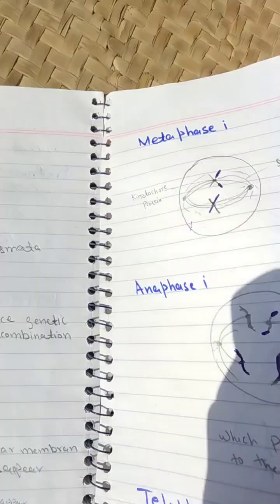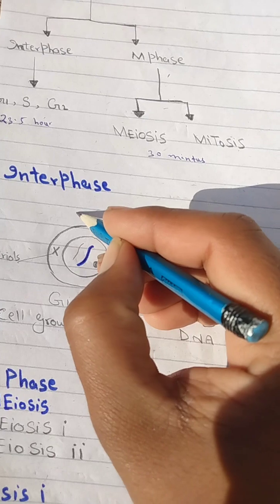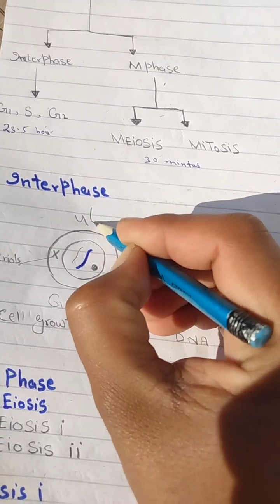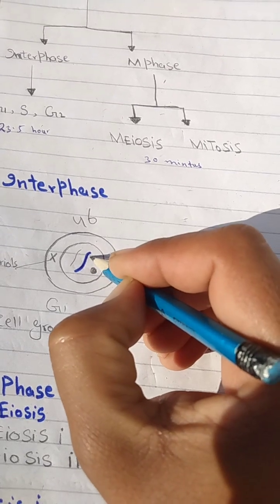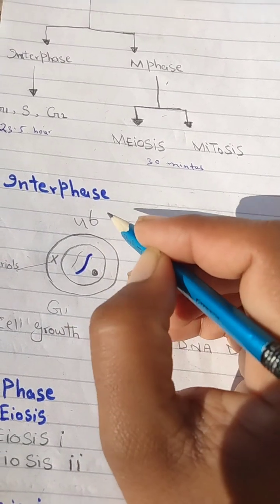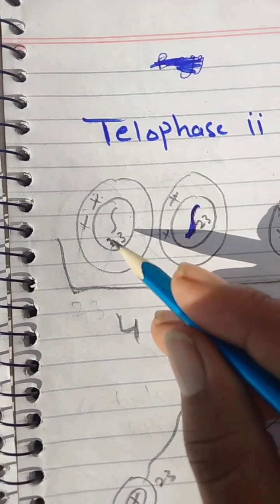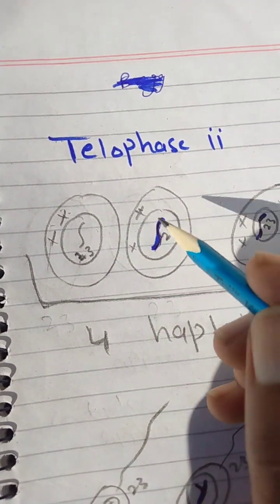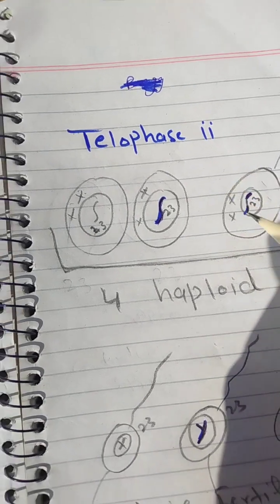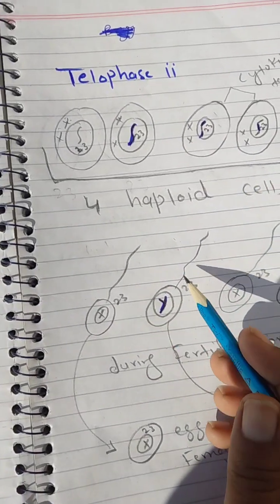In the parent there are 46 chromosomes, 23 from mother and 23 from father. But at the end of meiosis, I have reached 23 chromosomes. So these are haploid chromosomes, and four haploid cells are formed.